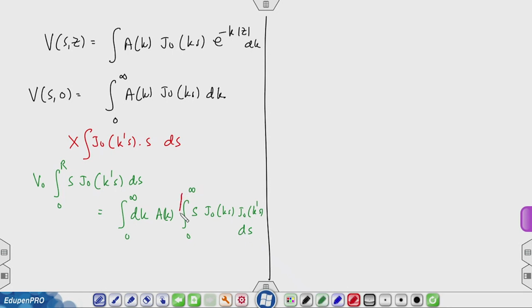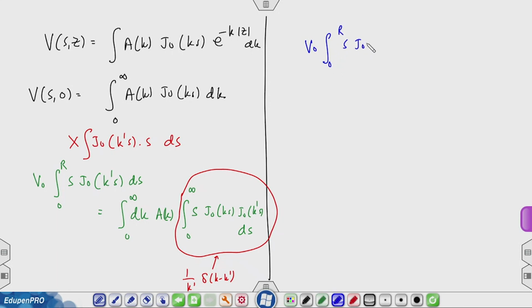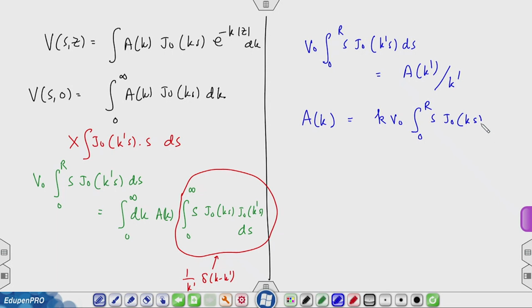I know this relationship. This is nothing but 1 over k prime delta k minus k prime, and therefore, I get V naught integration 0 to r s J naught k prime s ds is equal to A(k prime) over k prime, and therefore, A(k prime) or A(k) is equal to k V naught integration 0 to r s J naught k s ds, and this integral we have just worked out.